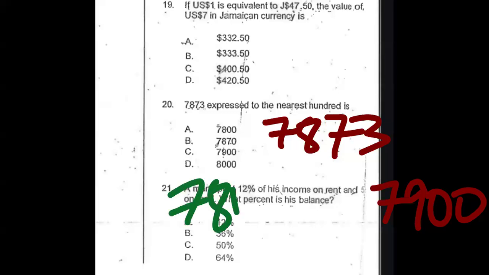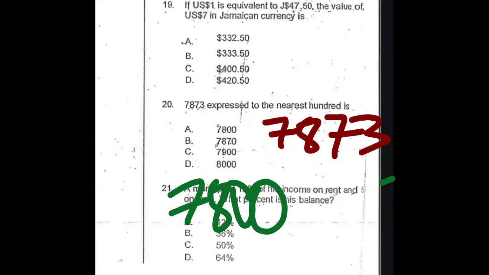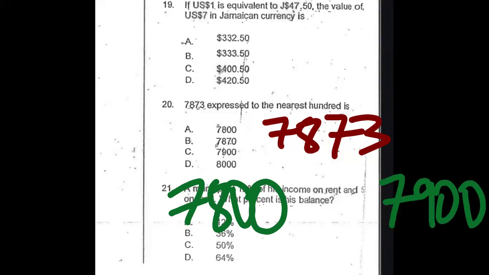Is it closer to 78 or is it closer to 79? Where is this number closer to? Well, based on this, what is the halfway mark of this? The halfway mark of this is 7,850.